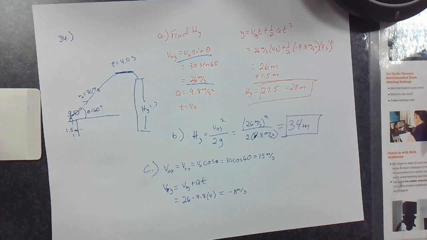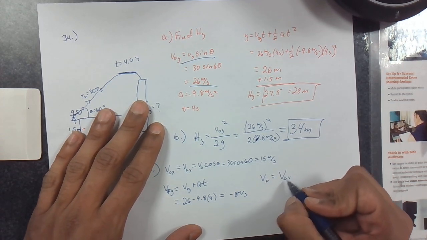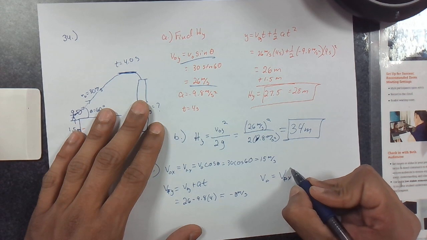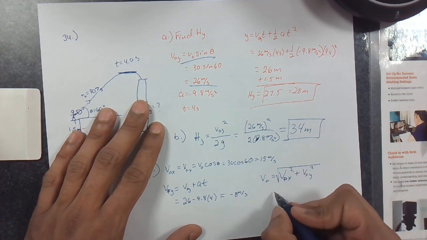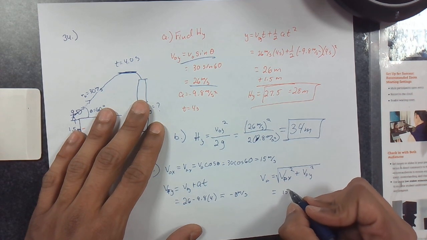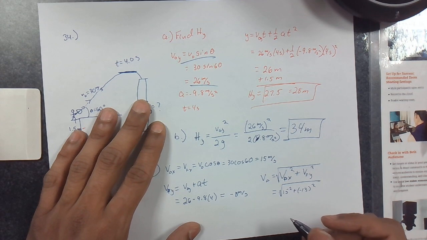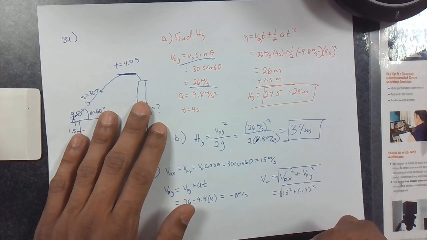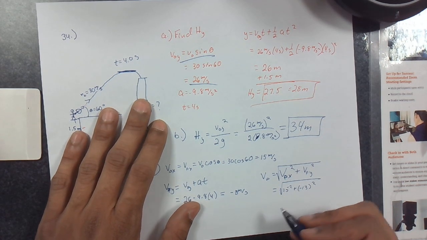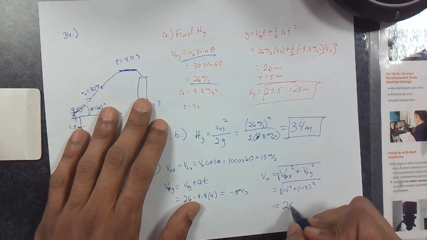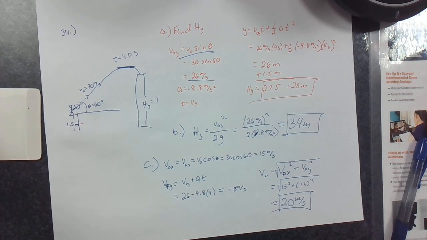Then we're looking for vf, which would be the square root of vfx squared plus vfy squared. So that would be 15 squared plus negative 13 squared, square root that, and we get 20 meters per second. All right, and that is 34.